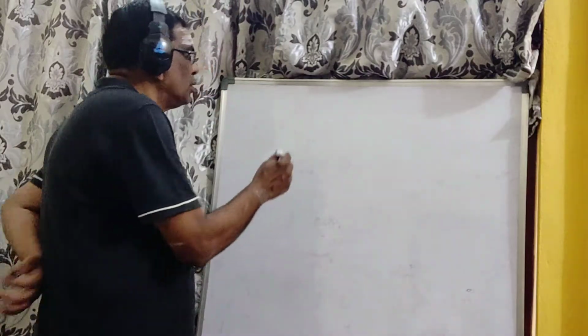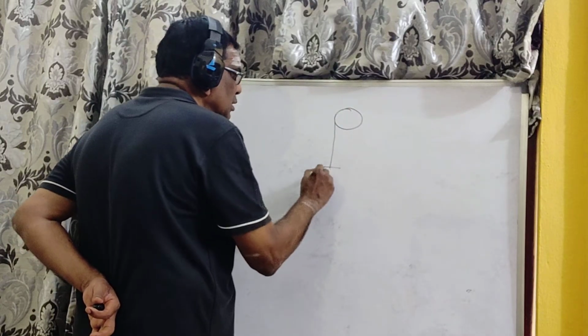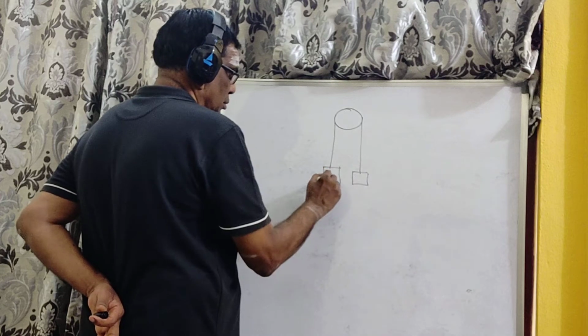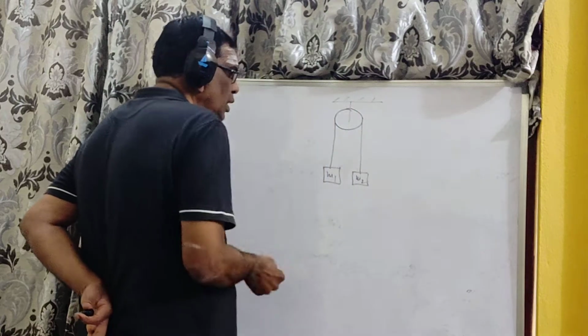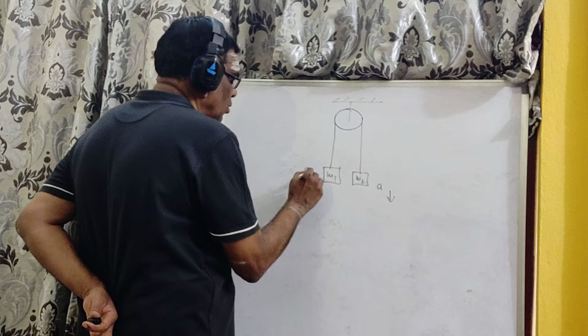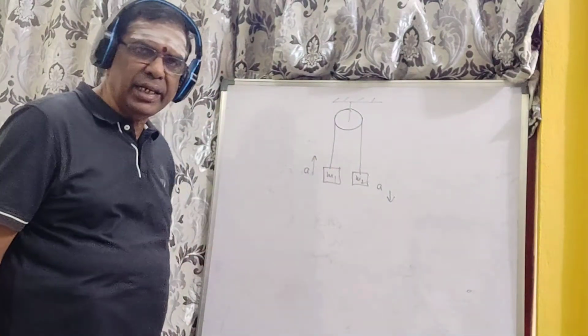Now, for example, I take an Atwood machine, M1, M2. Suppose this will accelerate down with A. We have already derived that.